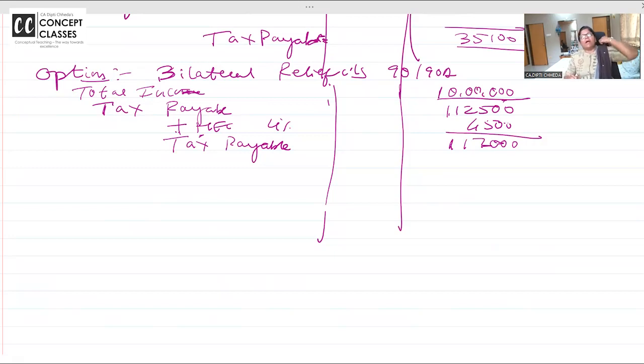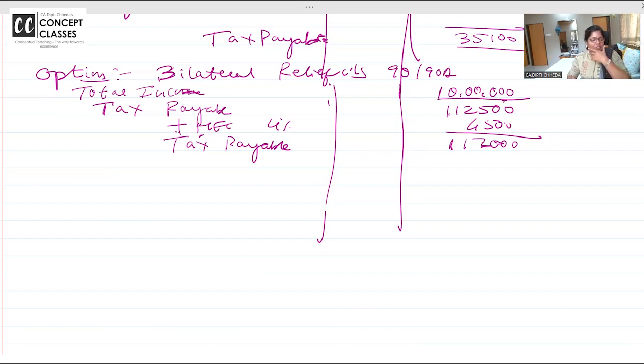Now the crucial part. Up to here it is same. If there is no DTA, then whatever is the average rate of tax in India or foreign country, whichever is lower, you calculate, and that much relief you have to give on the foreign income after deductions. Foreign income you have to take after the deductions. But here, so far, there is no deduction from the foreign income.